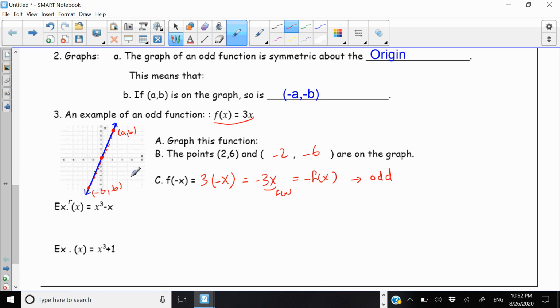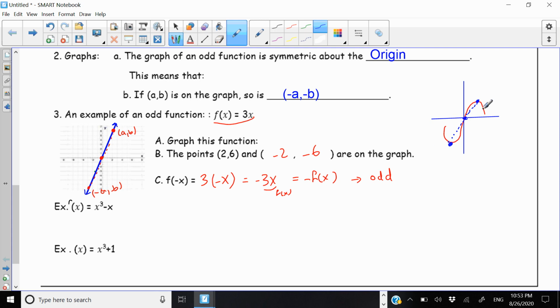Okay, let me show you another example of an odd function. Let's say I have this graph. This graph is symmetric to the origin. Why? Because if I have a point like here, and I draw a line here, I can find a symmetry, or mirror, of that on the other side.